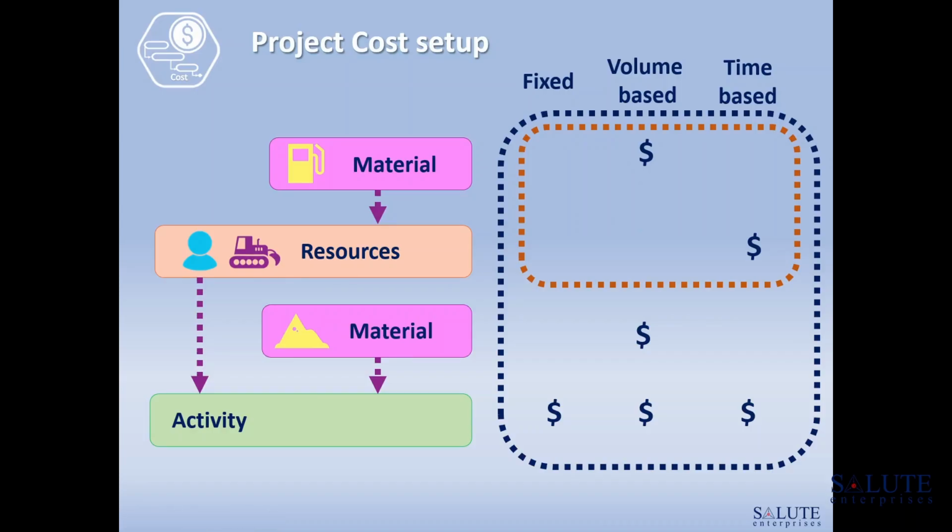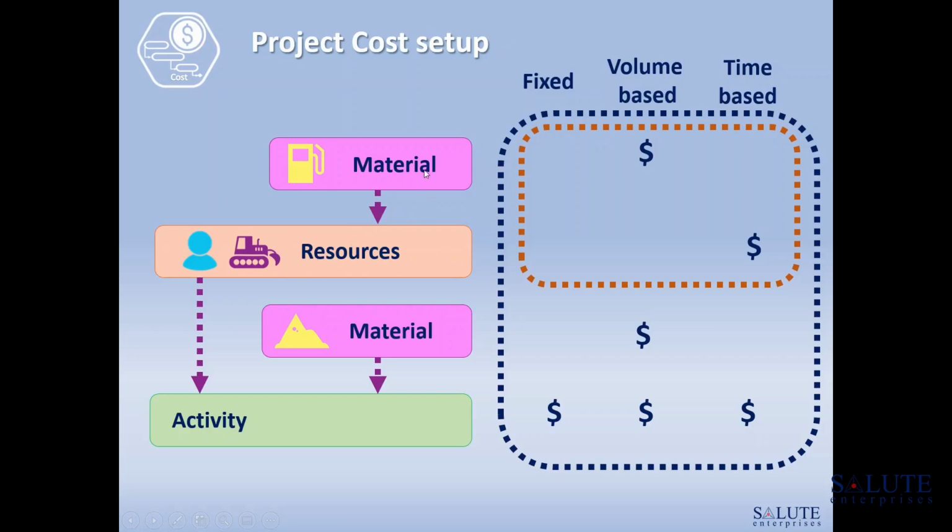In Spider Project, cost component can be assigned directly to the activity, and it can be fixed, volume, or time-based. Cost component could sit at the material level, material that is assigned to that activity, and material cost would be driven by volume. Cost can be assigned also to resources, machinery or human resources.